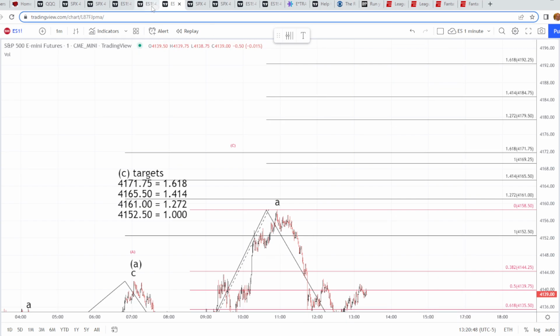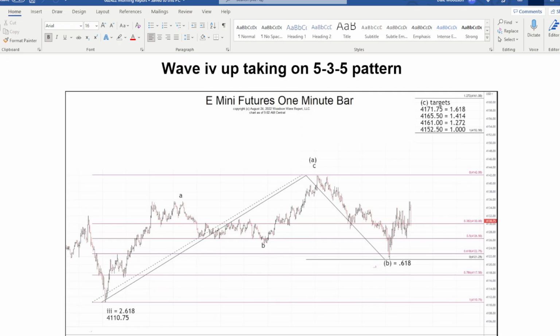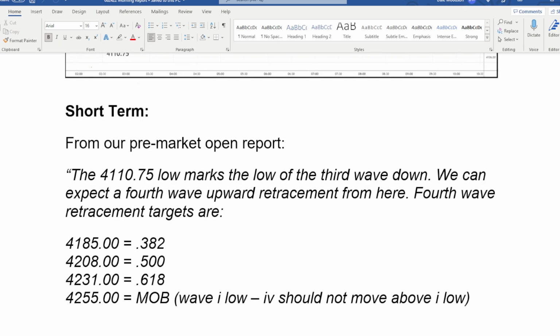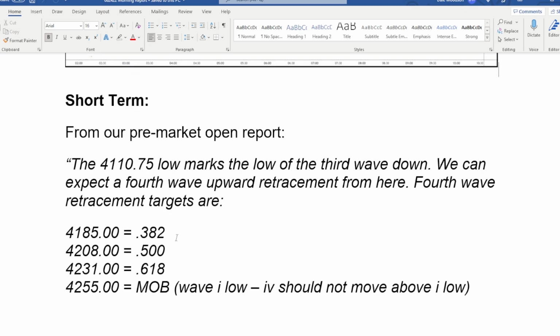And let's get back to our picture here and see what that looks like from the morning report. There we go, up to 41.71. But let's look at the bigger picture, and there were our targets to the upside there, going up to 41.85, 42.08, 42.31.